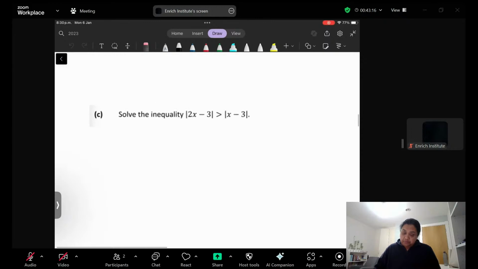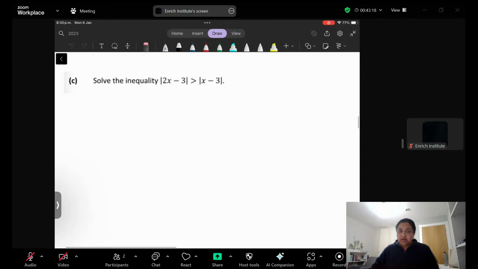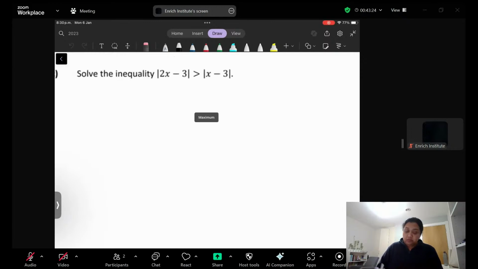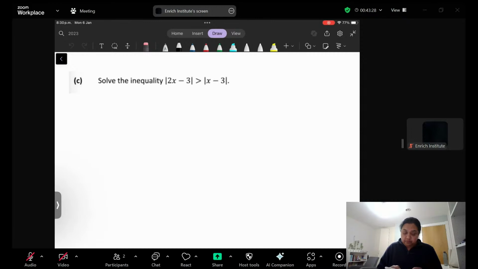See here. Solve the inequality: modulus of 2x minus 3 is greater than modulus of x minus 3. You remember, as soon as you see the modulus, you have to square both sides.